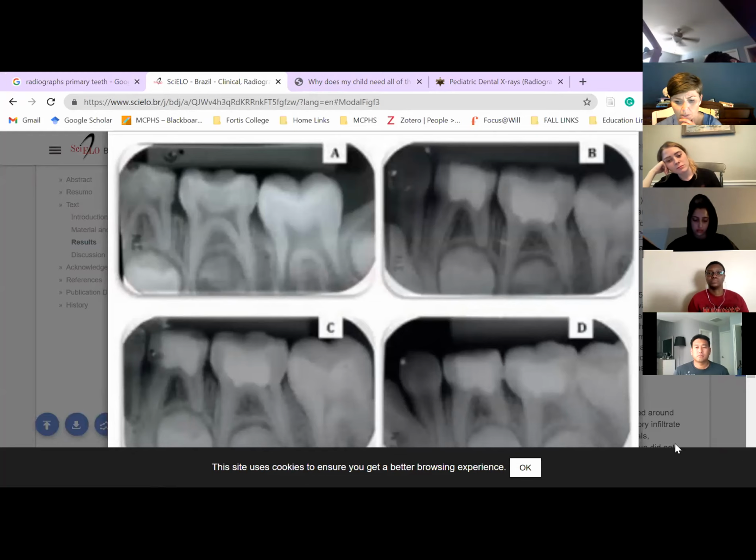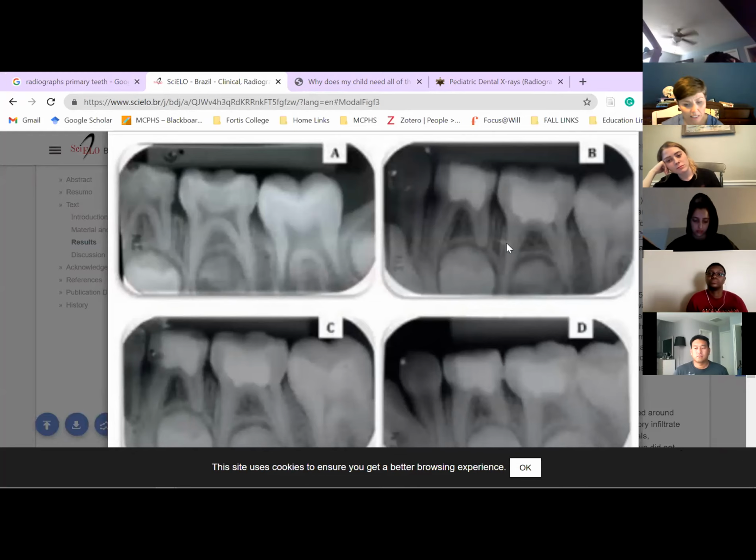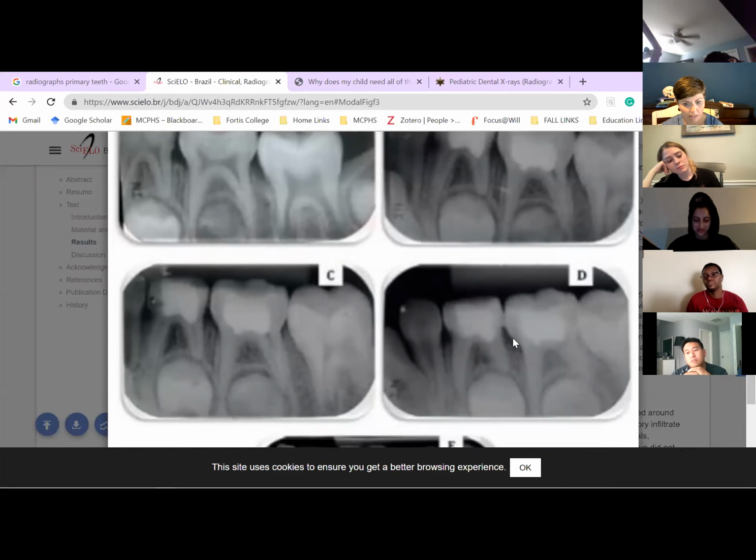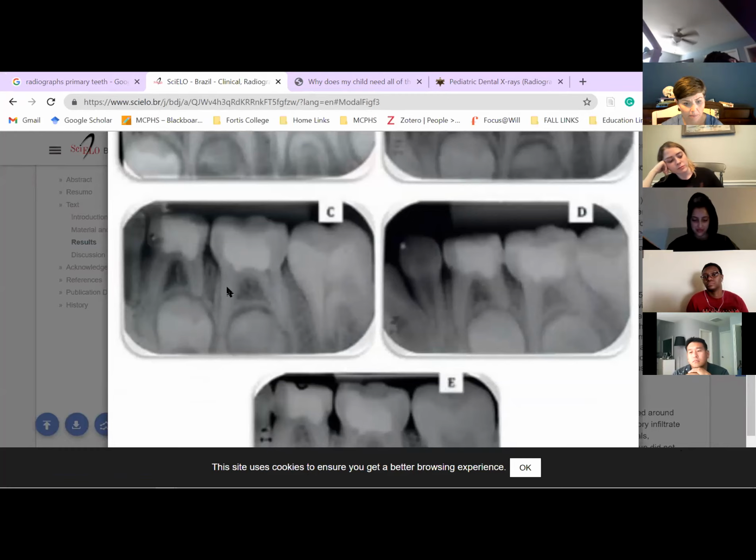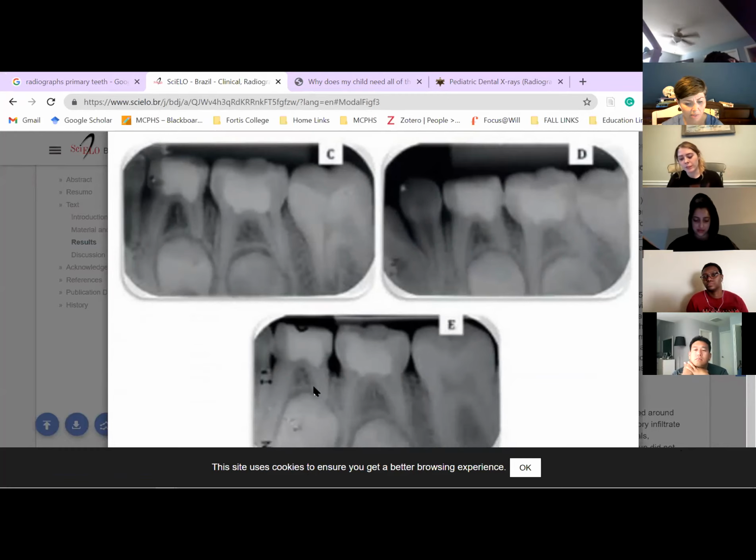Okay, see this one. You can see the root on this one starting to dissolve as well. You see that tip right there, it's coming more and more up, and so it's dissolving that root. So what happens is something in our body, kind of like when women go into labor, something triggers and then we go into labor, right?